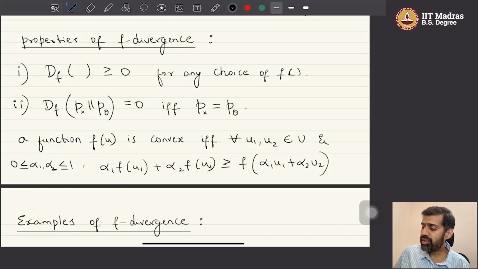Then for any points u1 and u2 that are in the domain of the function, alpha 1 times f of u1 plus alpha 2 times f of u2 should always be greater than or equal to f of alpha 1 u1 plus alpha 2 u2. So this is the definition of what a convex function is.